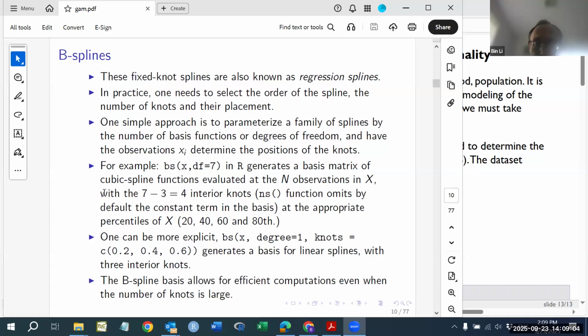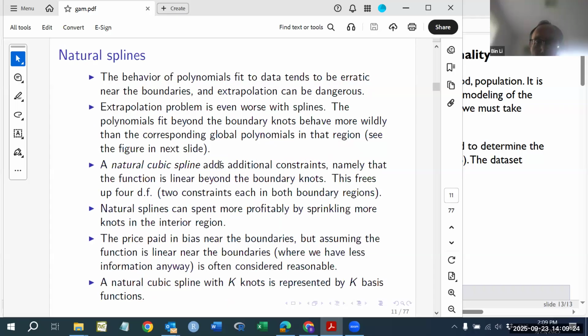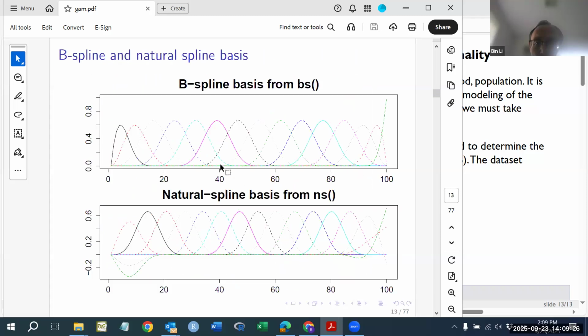The good thing for the B spline is that it is computationally efficient, and you only specify the degrees of freedom. It will place the knots based on the percentiles if you don't specify the specific locations for the knots.